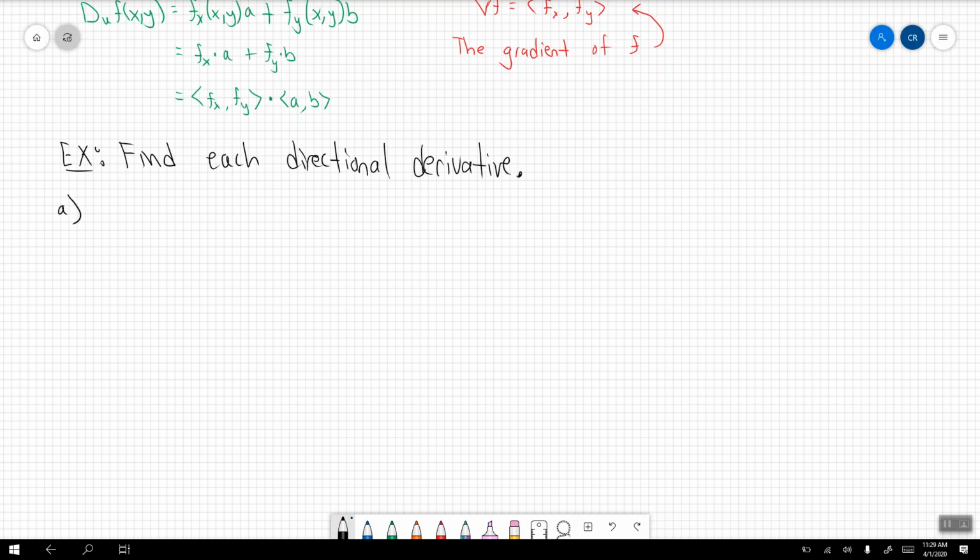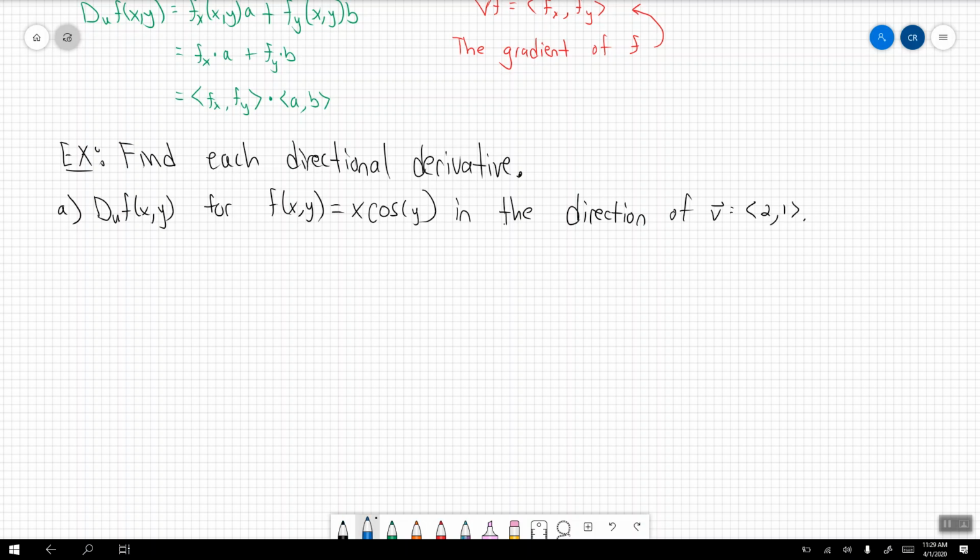Part A. We're going to be looking for the directional derivative for the function f of x, y, where the function is defined by x times cosine of y in the direction of v is equal to 2, 1.